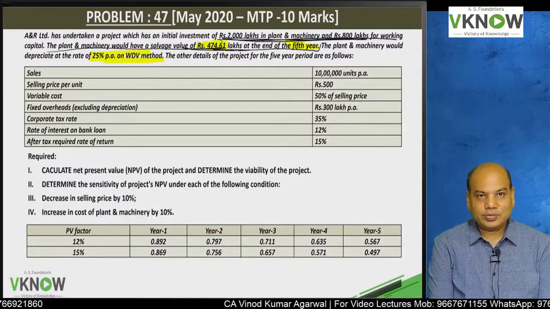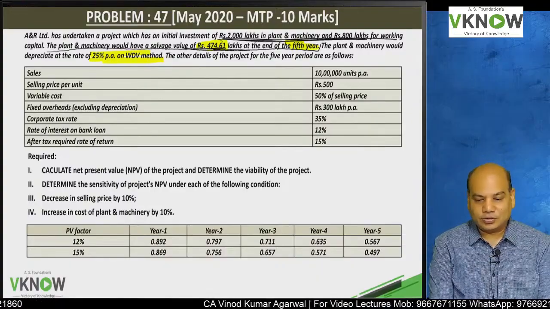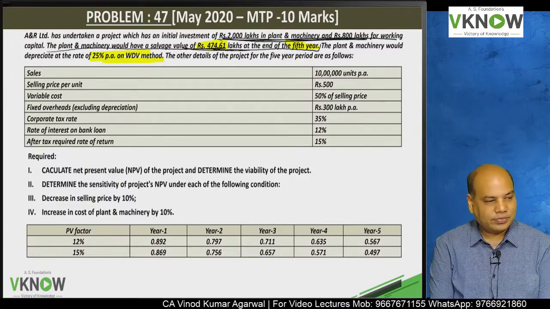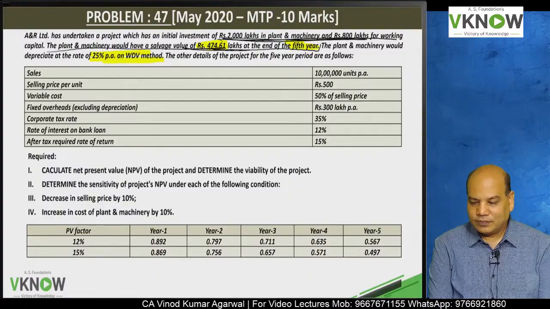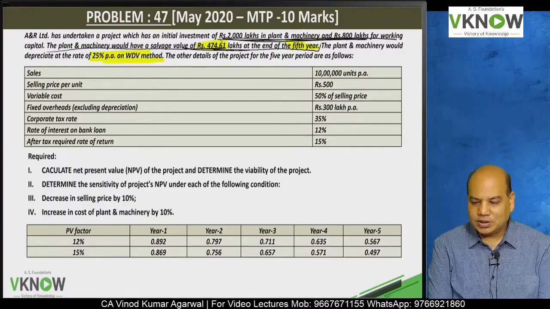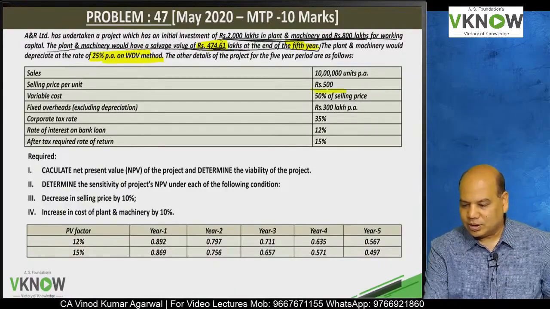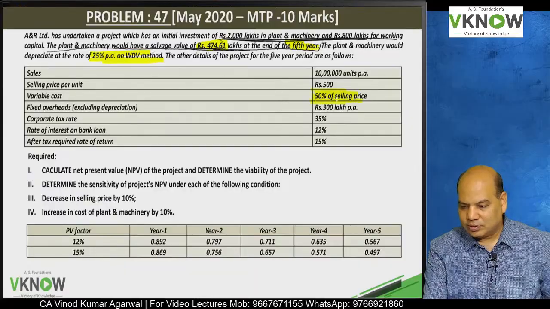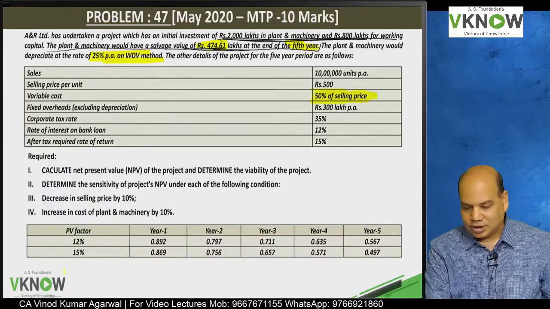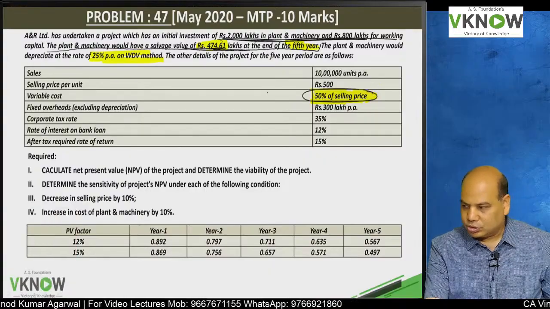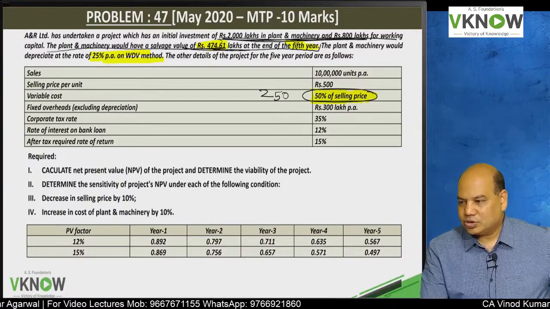The other details of the project are as follows. Sales quantity 10 lakh units. Selling price 500 rupees. Variable cost 50% of the selling price. So please tell me what will be variable cost today. Anybody? 250 is right. So variable cost is 250.